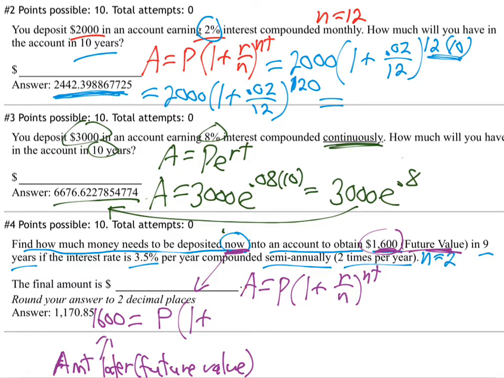The interest rate, I think we do, 3.5. Move that back 2 places, it would be 0.035 over N. N again is 2 times T. What's time? How many years? There it is, 9 years. 2 times 9.